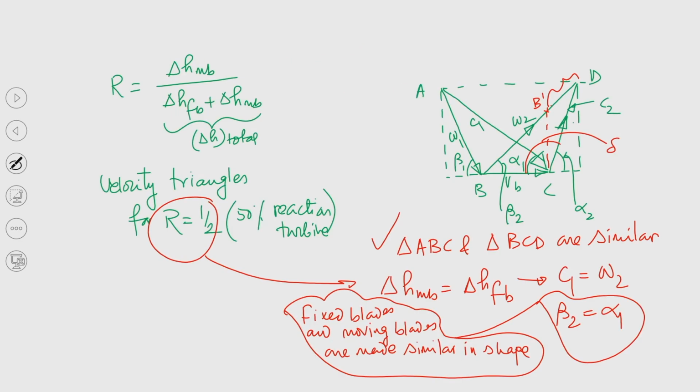So, this angle will be equal to this angle. Try to understand from these velocity diagrams. This beta 1 will be equal to alpha 2, that is nothing but 180 minus delta. So, that is what I have written.